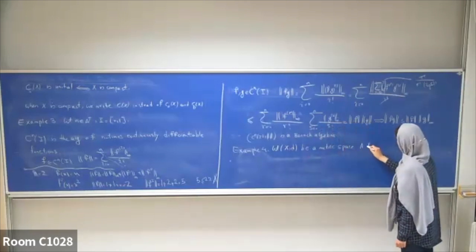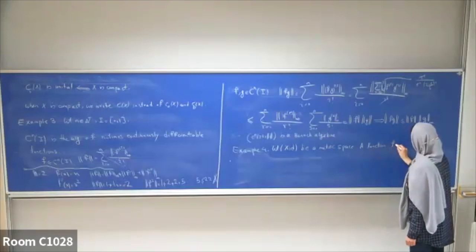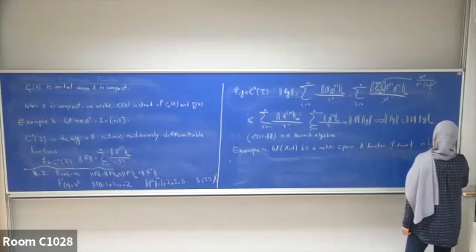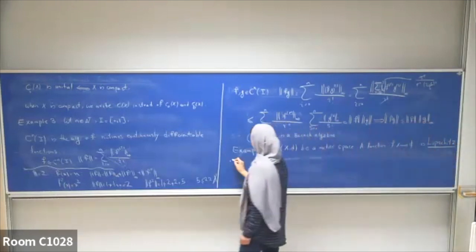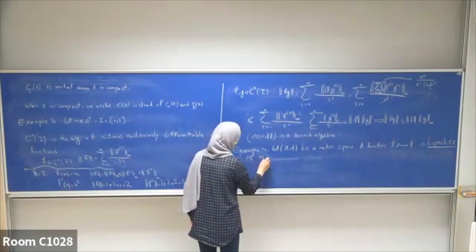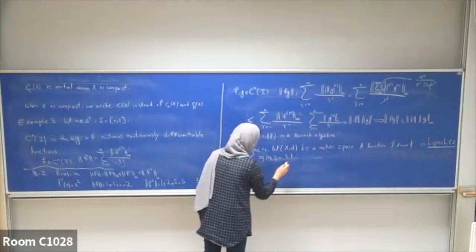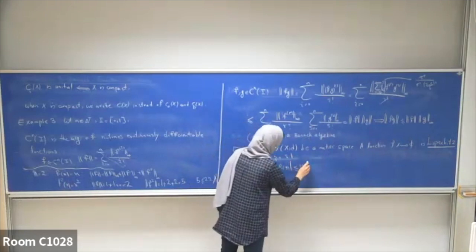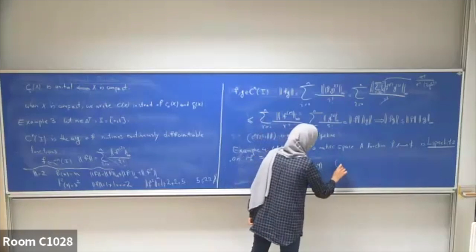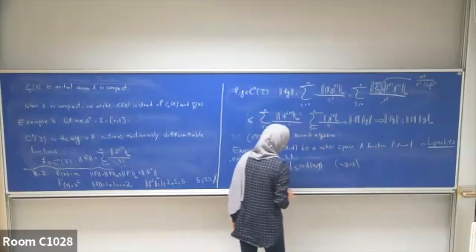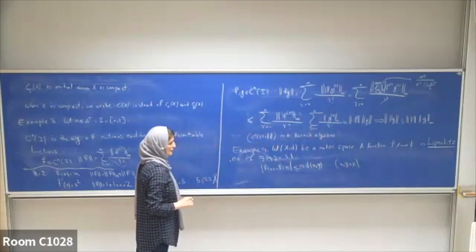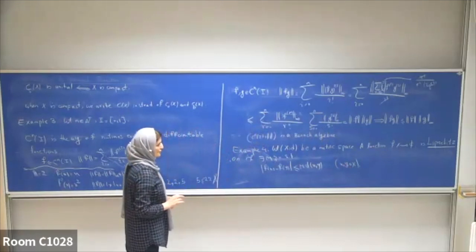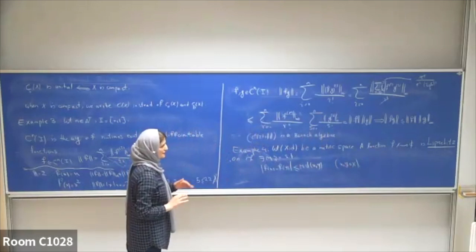A function f from X to C is called Lipschitz on X if there exists a scalar M such that the absolute value of f(x) minus f(y) is at most M times d(x,y) for each x and y in X. So it's clear that each Lipschitz function is continuous, and so with pointwise operations, it's a subalgebra.